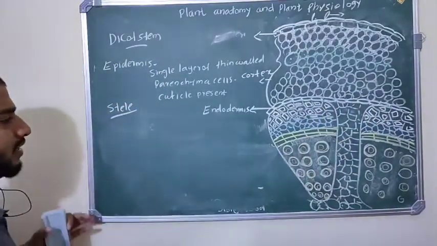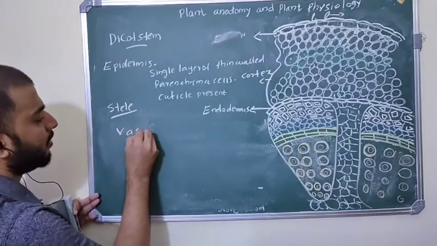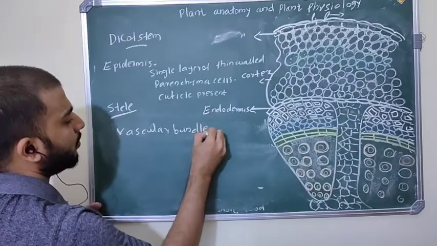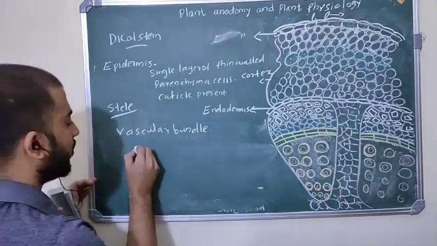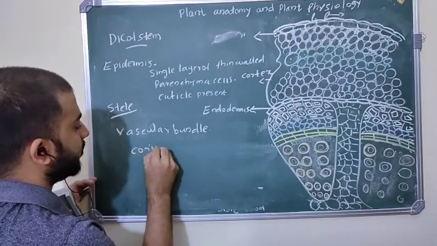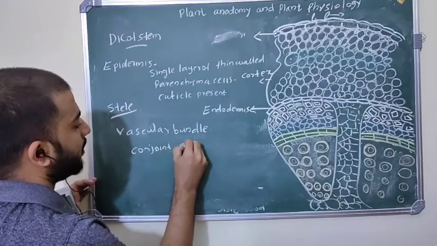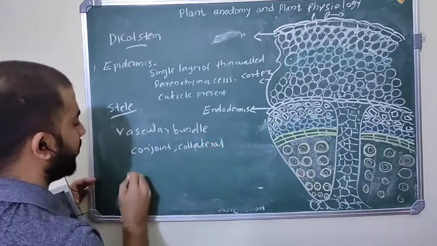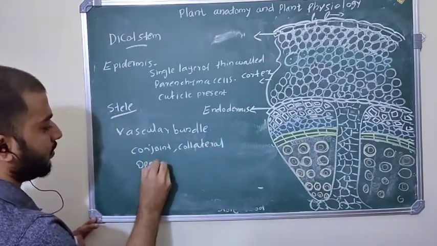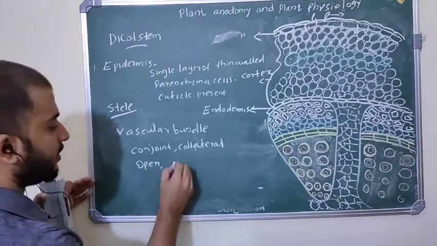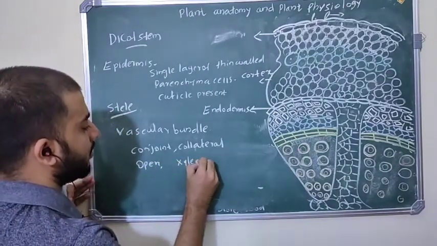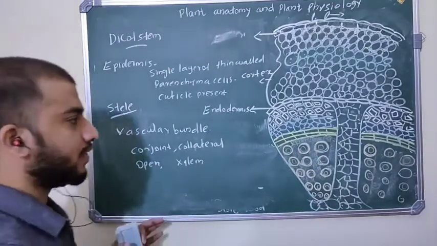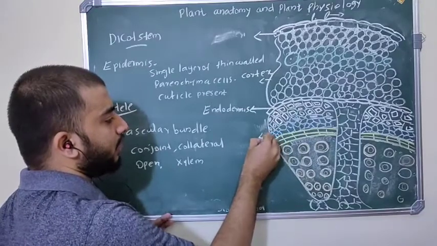After pericycle, next is the vascular bundle. Vascular bundle in the dicot stem, we already know, is conjoint, collateral, open. Xylem and phloem are in the same radius, so that's why it is collateral open.